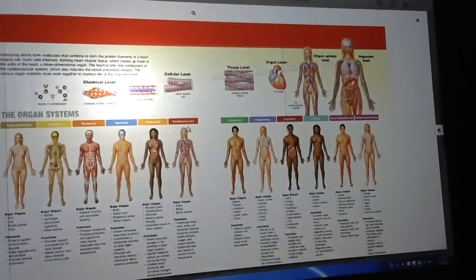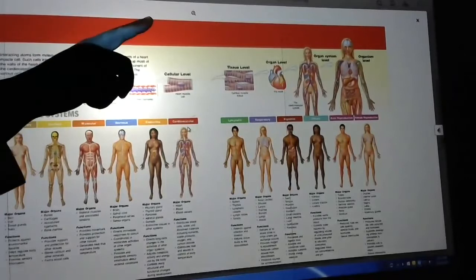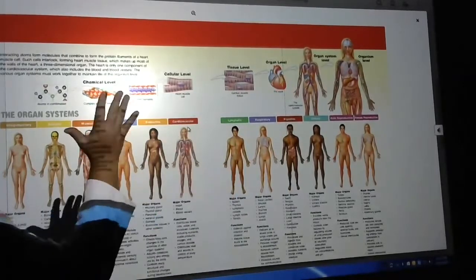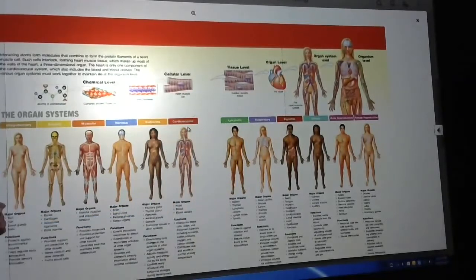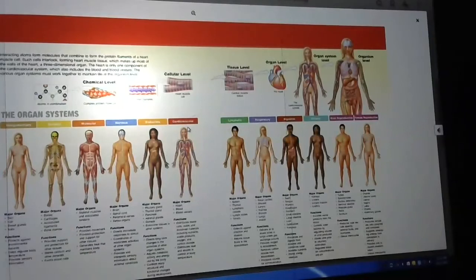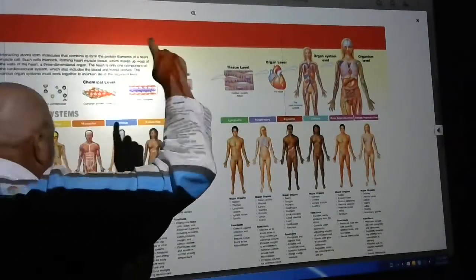There's the integumentary system. Okay, so let's go through this quickly. The data's there. You need to know all this. This is the foundation for your education. This is the foundation for organ systems. So if you don't know where all your organs are in your body, guess what? You need to learn that. You need to learn where all the organs in your body are and the names of the organ systems. And there they are right there.